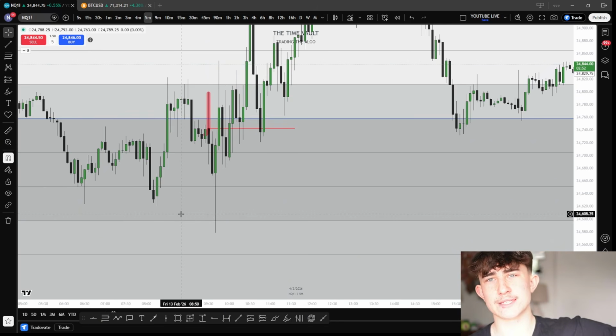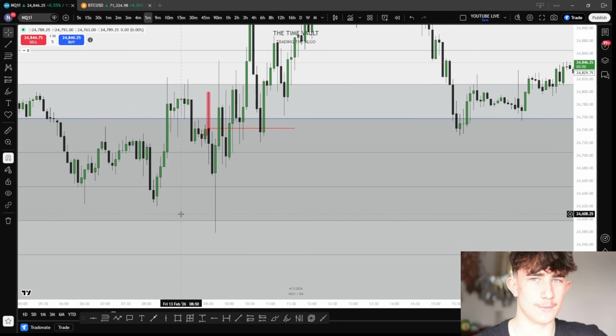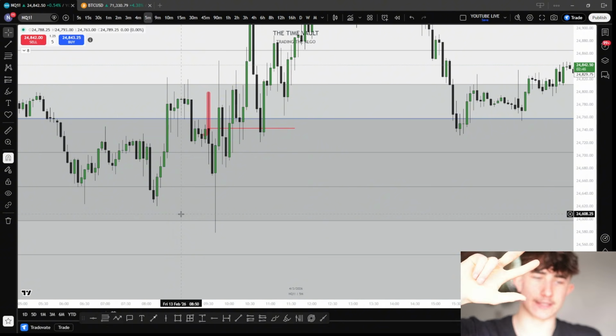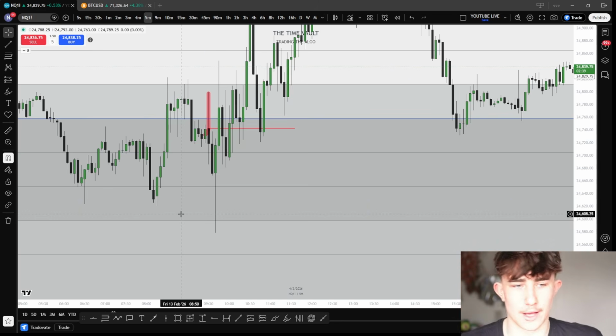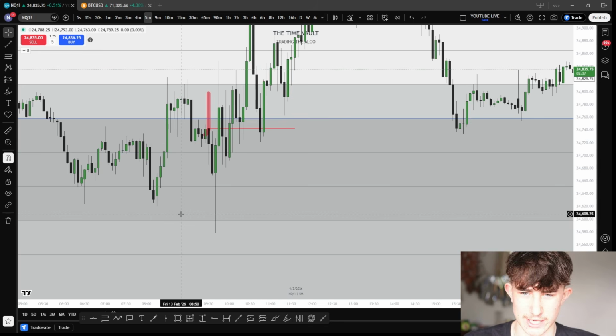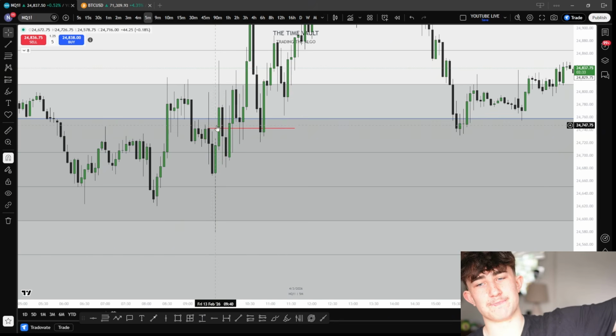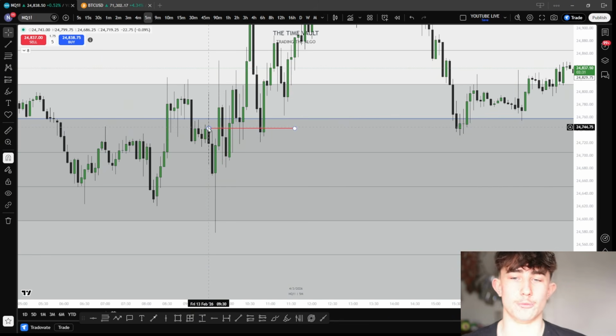Keep this in mind: for a reversal to take place and a CSD to be confirmed, you want to be seeing 3 lines being invalidated. 1 is your reversal, and the 2 above your reversal, or below your reversal if it's going to be a bearish CSD. Now you'll see this is actually beneath the 930 open. Most ICT traders are going to be waiting for that closure above our 930 open.